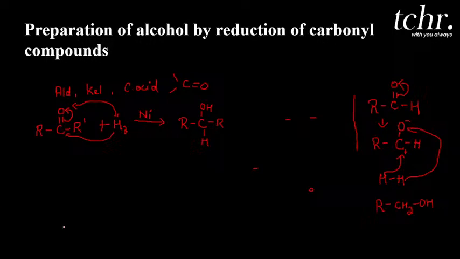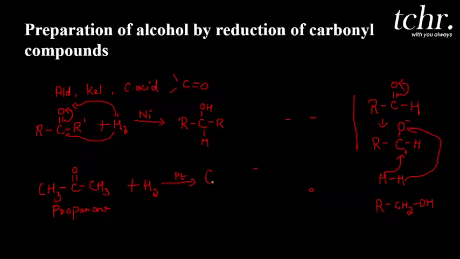Now let me write an example. Let me take a simple example, that is propanone, CH3 C double bond O CH3. What is this? Yes, propanone. Correct. Now what I have to do is pass hydrogen in the presence of nickel, platinum or palladium catalyst.